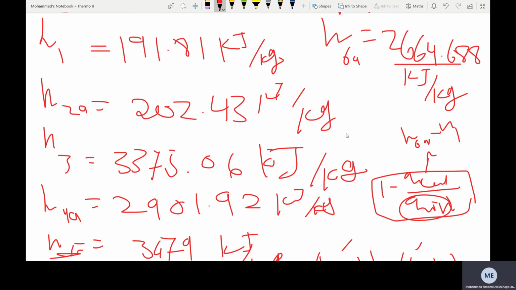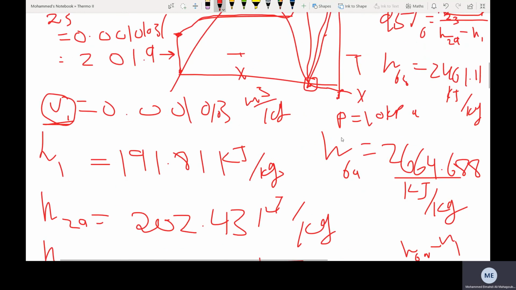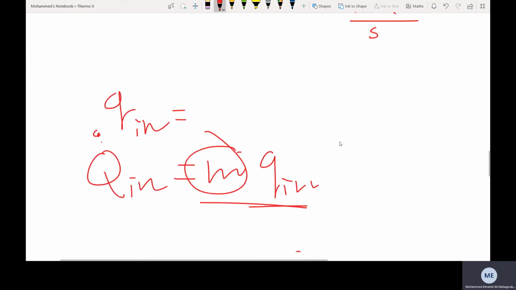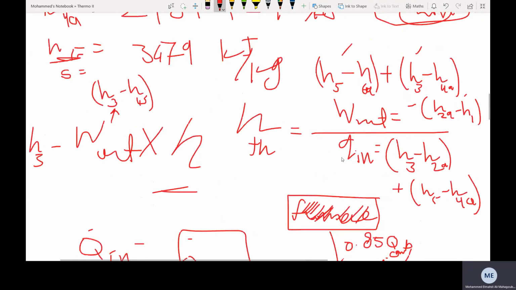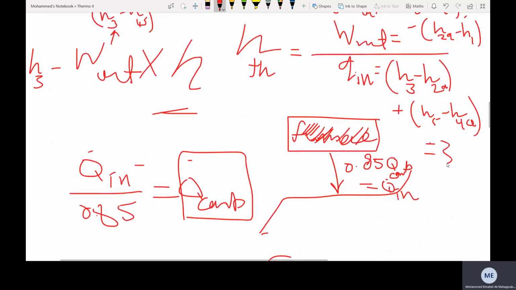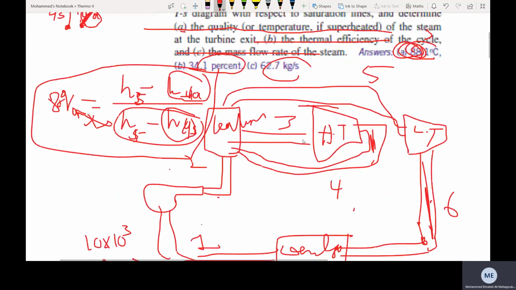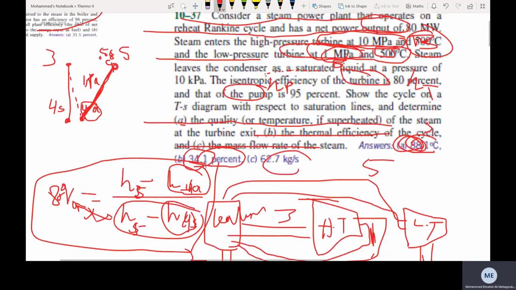Then put equal, and I'm getting an efficiency of 34.05%, to be more accurate, and it is somewhat close. They approximated it to be 0.1.